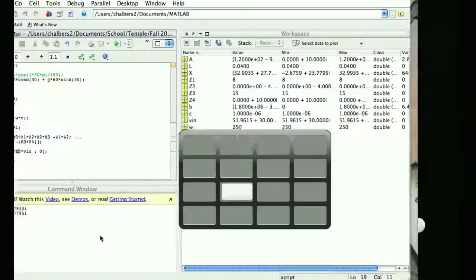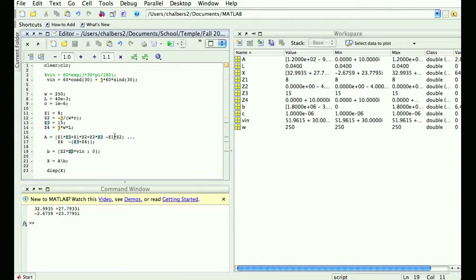So let's calculate that. It calculated x, which is the value it returned. So we'll say something like Vx equals x of 1, Vout equals x of 2. So I'll actually extract my results from my matrix calculation.